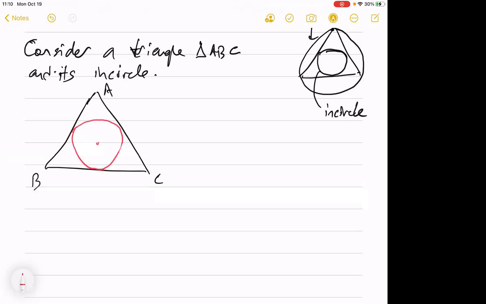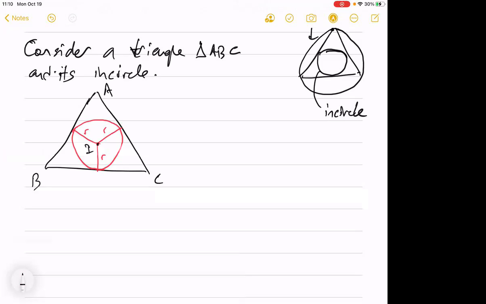Its distance to the sides is R. BA is tangent to the circle and BC is tangent to the circle.